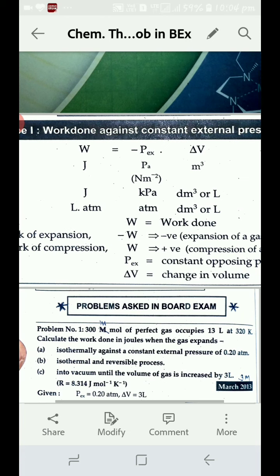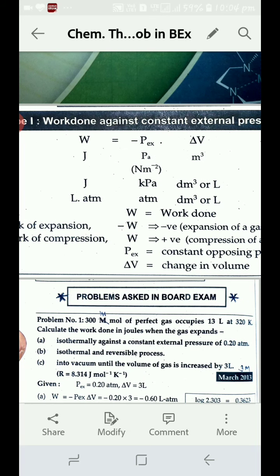Then Pex is given, 0.2 atm. Delta V is given as 3 liter, which means the volume of gas is increased. Initial volume is given as 13 liter, denoted by V1.